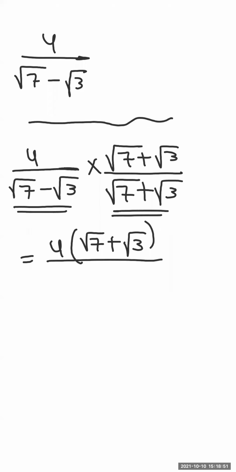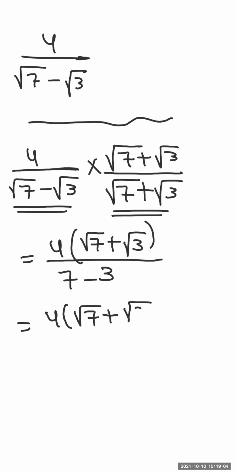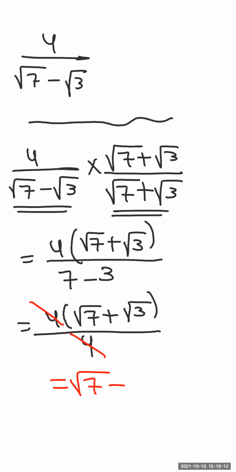To multiply a number and its conjugate, the first squared means 7 minus the second squared means 3. So simply 4 times the square root of 7 plus the square root of 3 over 4. Now we can cancel 4 and 4, so this will equal the square root of 7 plus the square root of 3. That's it.